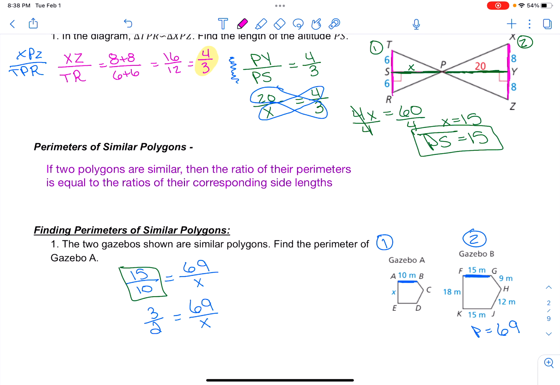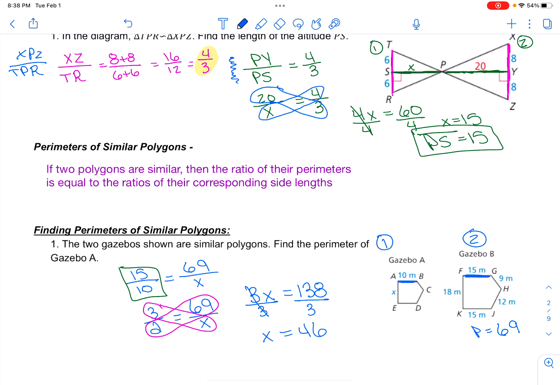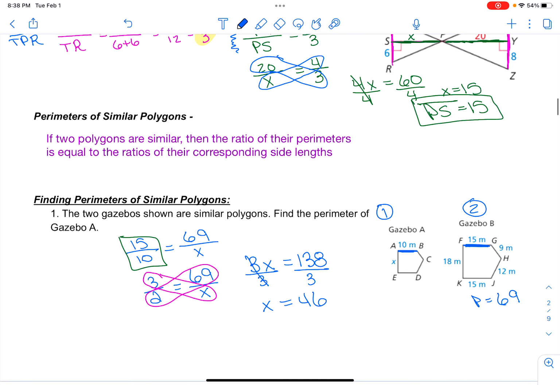And now I can cross multiply. 3 times x is just 3x. And 69 times 2 is 138. And last step, we just divide both sides by 3. And we get x equals 46.